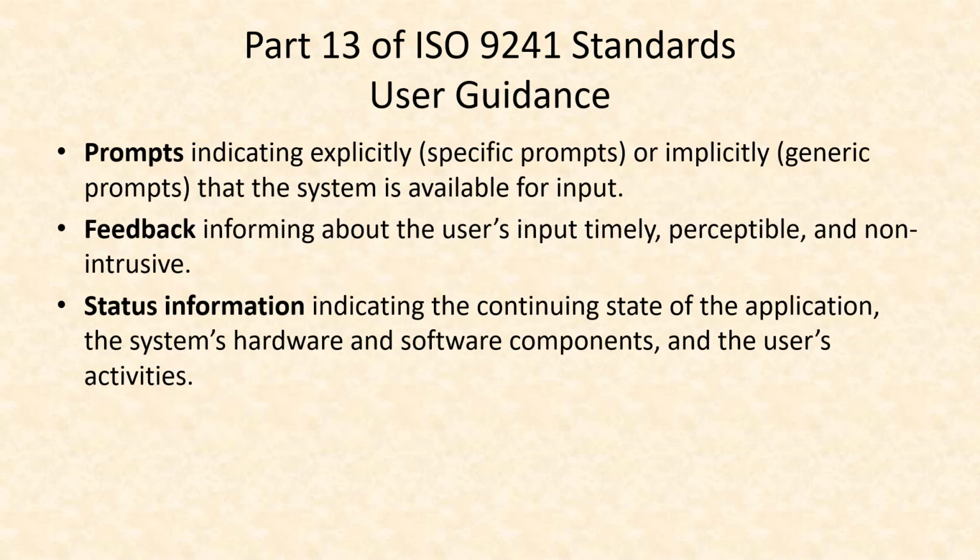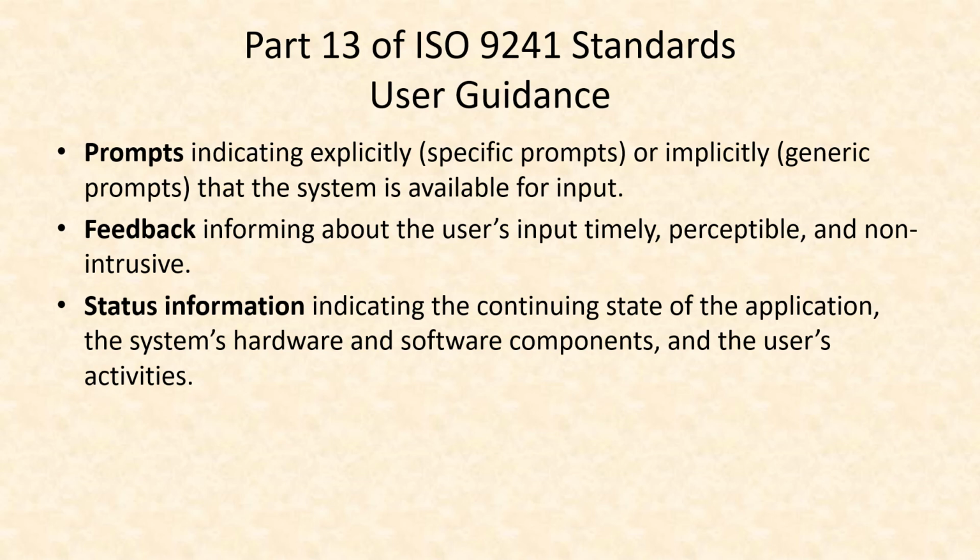The ISO goes on to provide different, very specific recommendations on what makes good guidance for a user who's interfacing with some technology product. First, they talk about prompts. Is it clear where to click or what to type in or how to type something in?